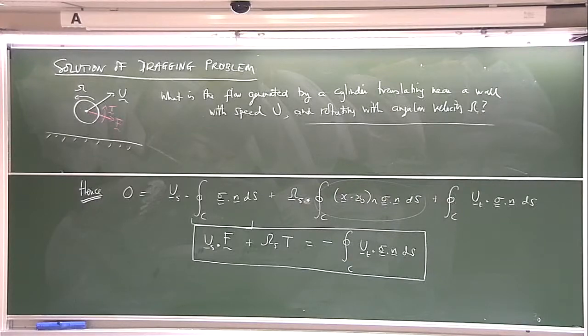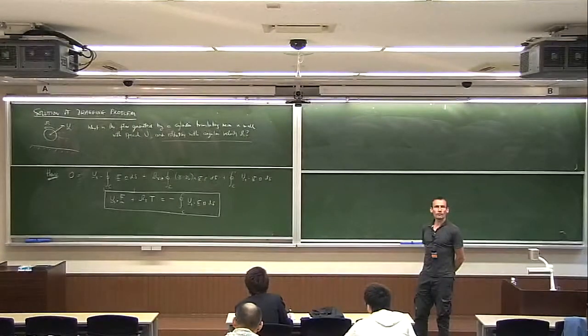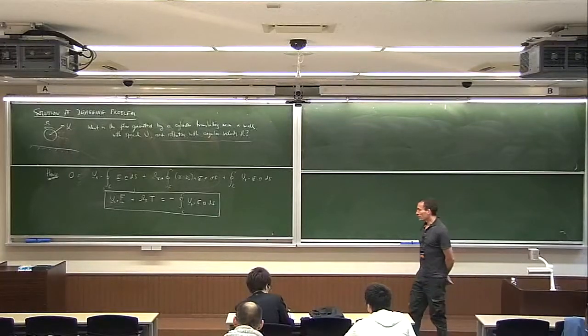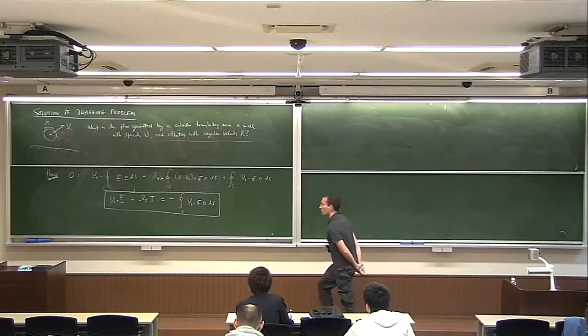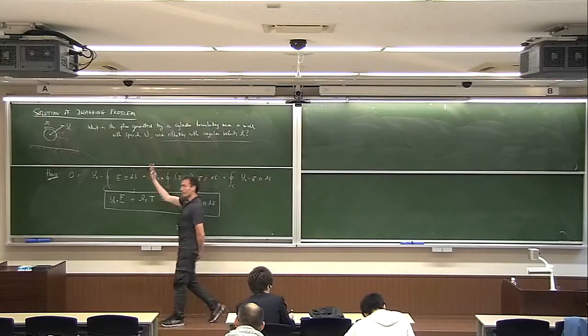So first of all, what have we got to find? We want to find the flow around the cylinder when it's moving with speed u and some angular velocity omega near a wall.